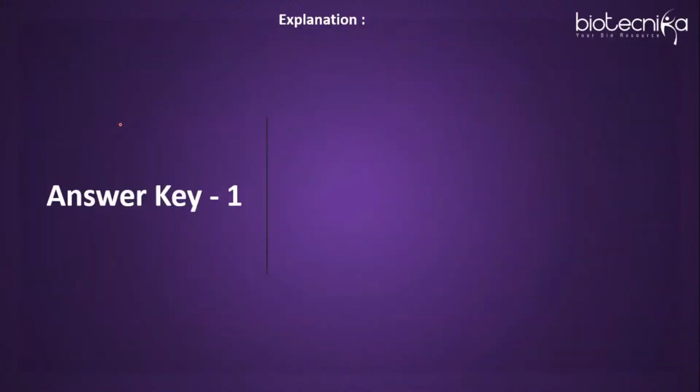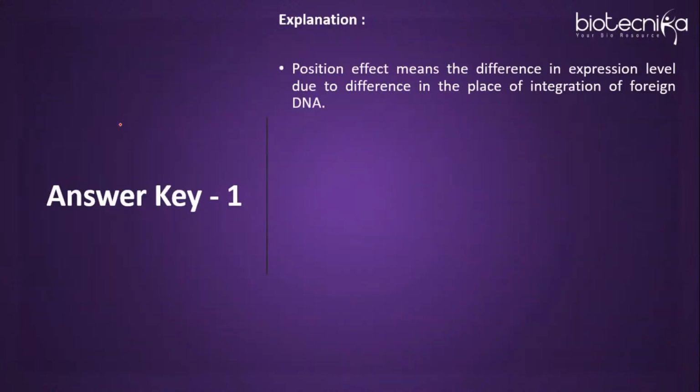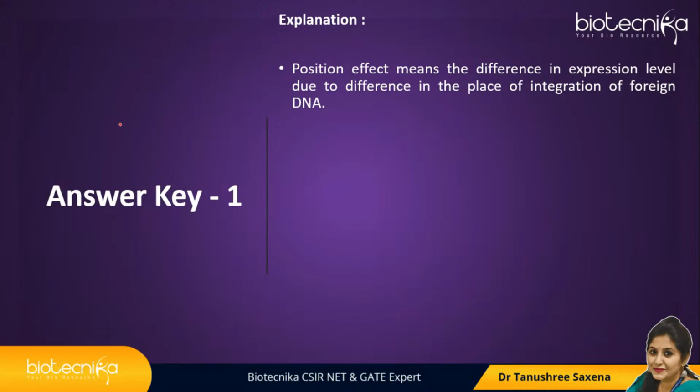So, basically, when we talk about position effect, it means the difference in expression level due to difference in place of integration of foreign DNA. Even in genetics, you study position effect. For example, in translocation, a gene from one chromosome moves on to another chromosome, right?